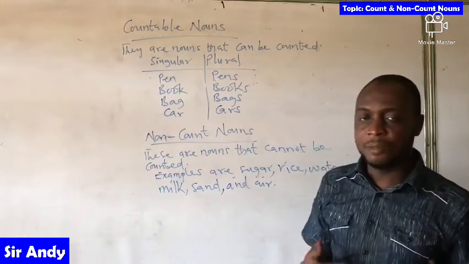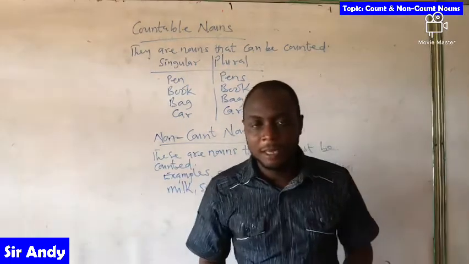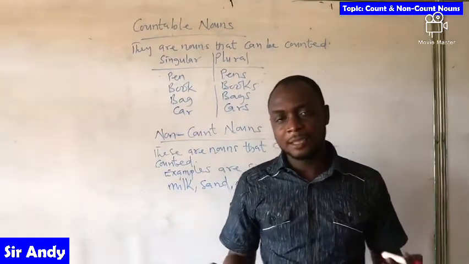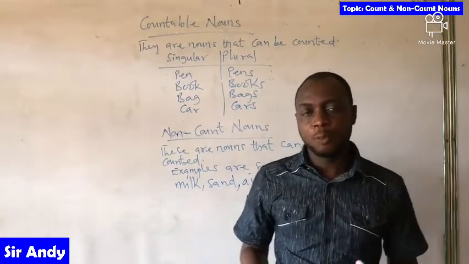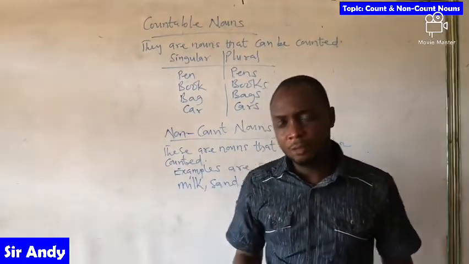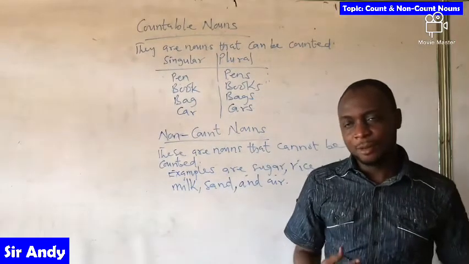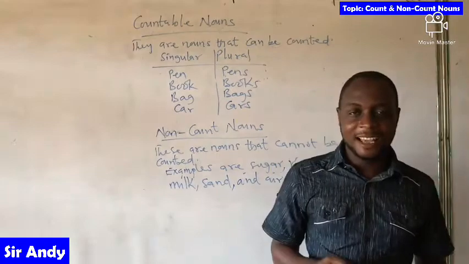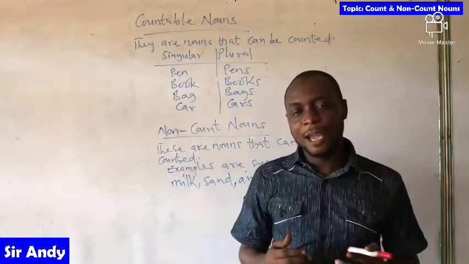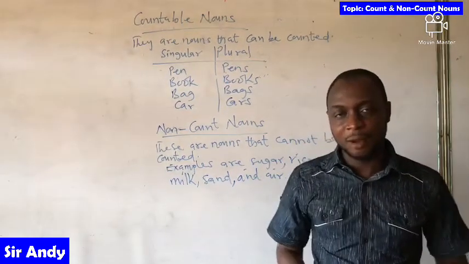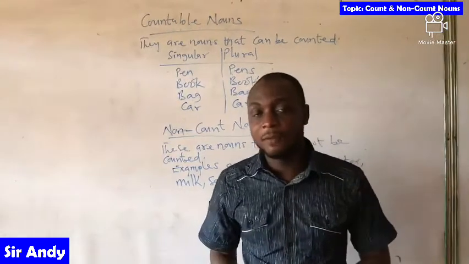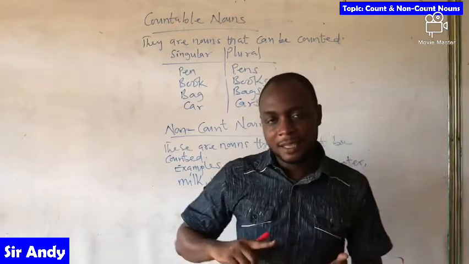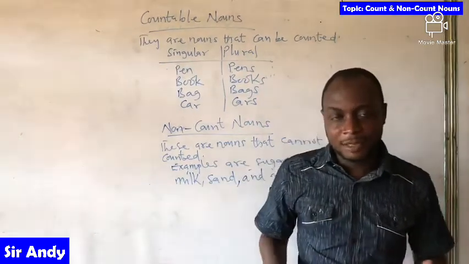Basically, sometimes you may be doing some readings and then you may come across waters. Why do such writings bring waters there? Because that water cannot be counted. Waters are there to mean that we are referring to different kinds of water bodies, which may be the sea, rivers, lakes, streams, and all that.